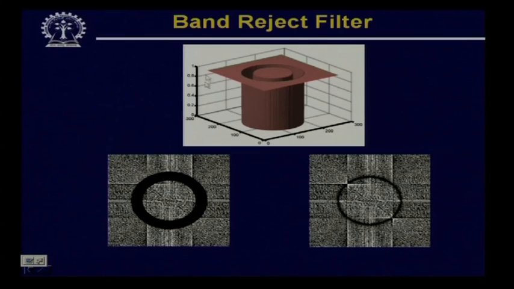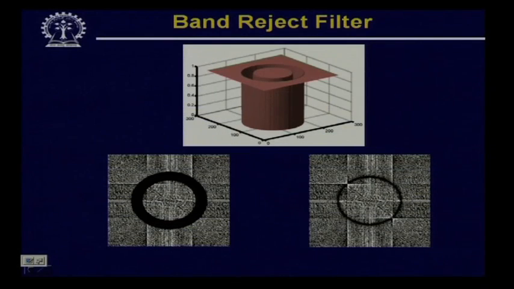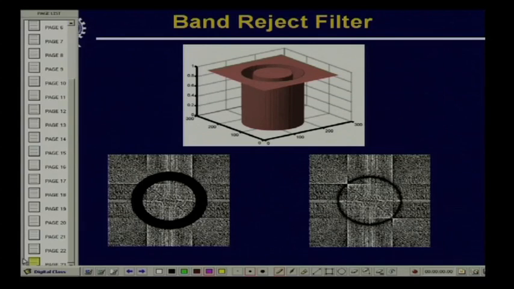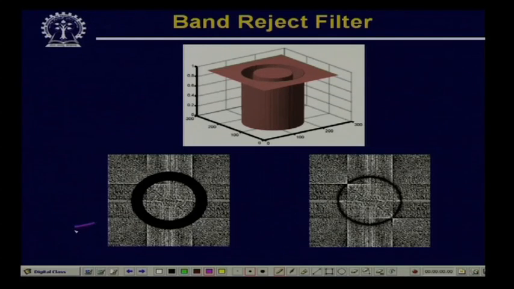So, this is what a band reject filter is. This is the perspective plot of an ideal band reject filter, and here the band reject filters are shown superimposed on the frequency plane. On the left I have an ideal band reject filter, and on the right I have the corresponding Butterworth band reject filter.